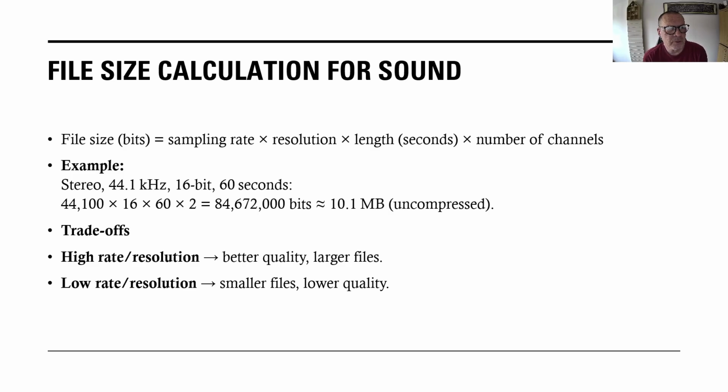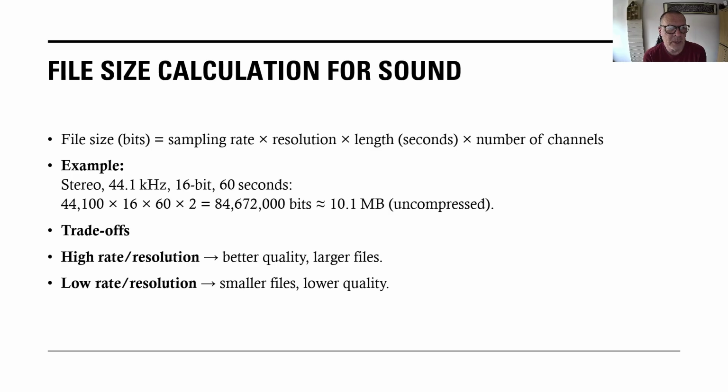So if you're told, for example, you have a stereo recording recorded with a sample rate of 44.1 kilohertz, it's got 16-bit sample resolution, and it lasts for 60 seconds. So we take the sample rate, 44,100 in this case. We need it per second, so we don't take the 44.1, we need to make it 44,100 first, because that's how many in a second.